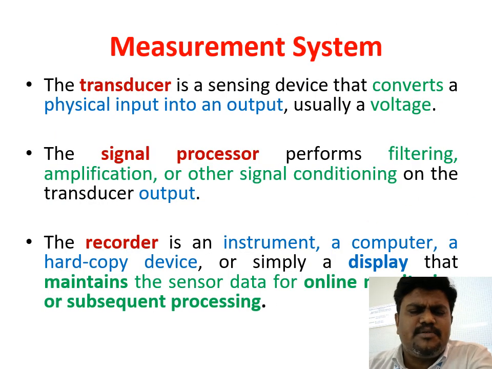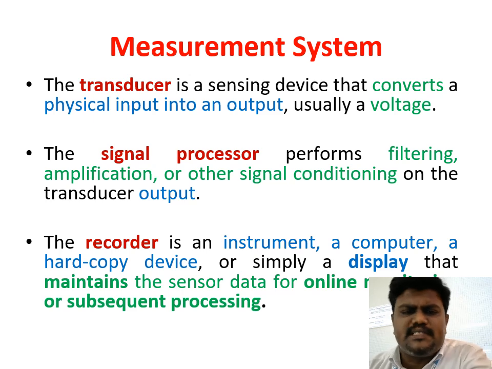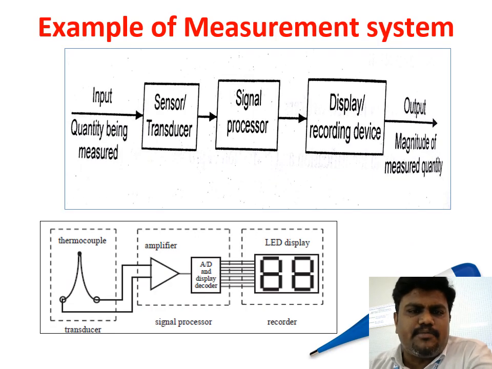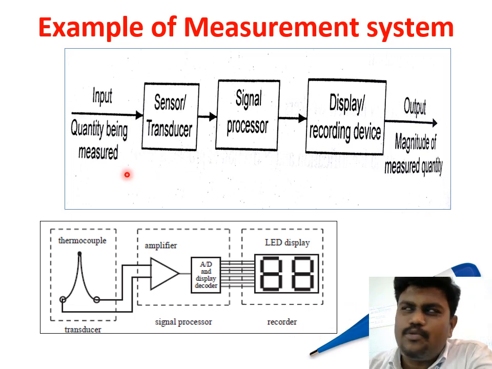This is what we discussed so far. Let us look at some examples of a measurement system. If we take a thermometer as an example, as shown here, what could be the input for the thermometer? Yes, of course, if you want to check your body temperature, the temperature being measured on your body will be given as the input.